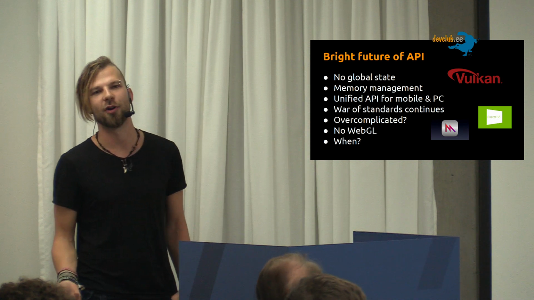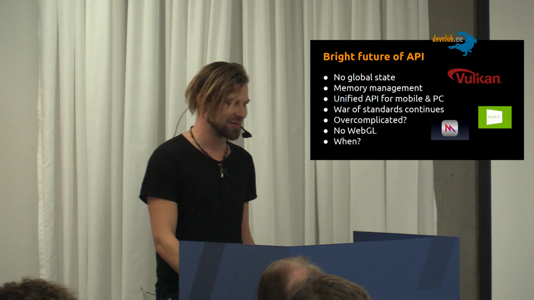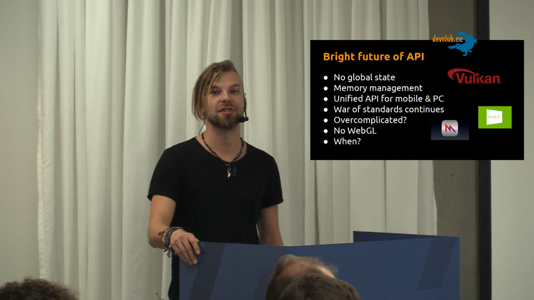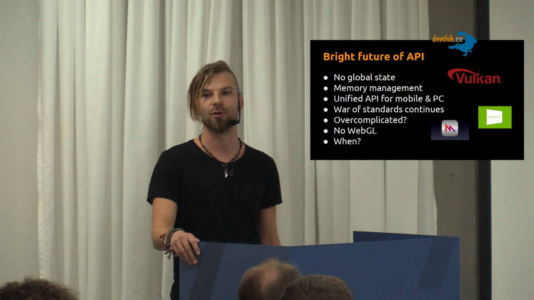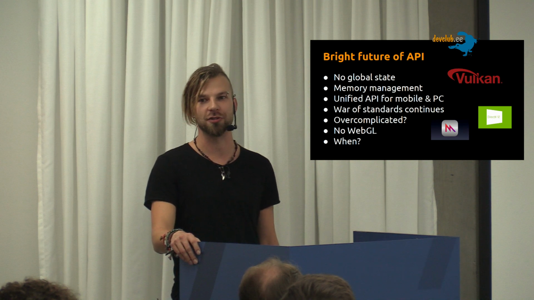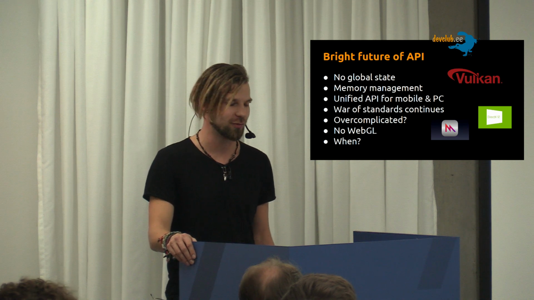So it's not a big problem. You have more problems only for a small part of the team. And most of the developers already use some open source wrappers or some engines like Unity, for example, which already make the implementations for you.